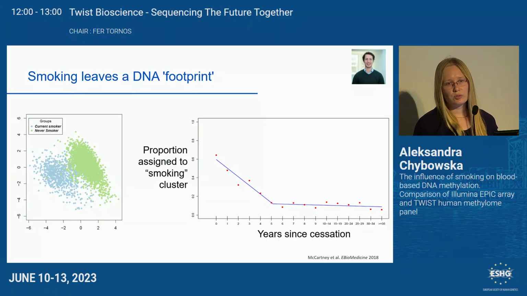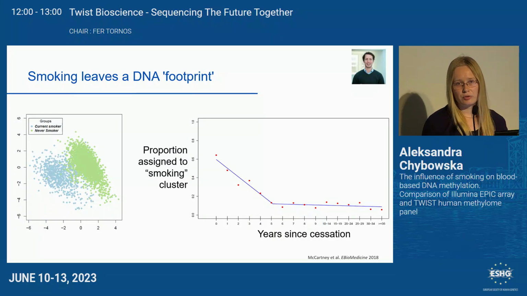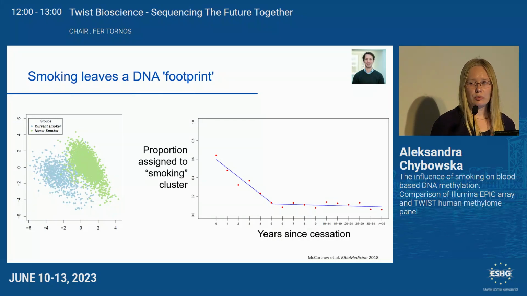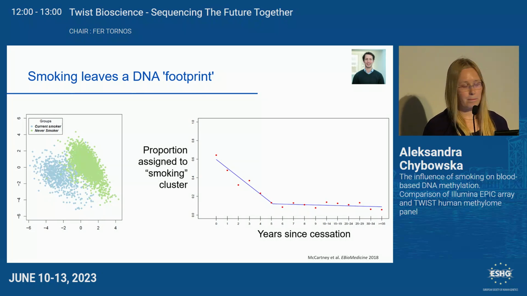So it may be possible to use DNA methylation information to build a stable biomarker of smoking. A couple of years ago, my colleague Daniel investigated signatures of starting and stopping smoking.